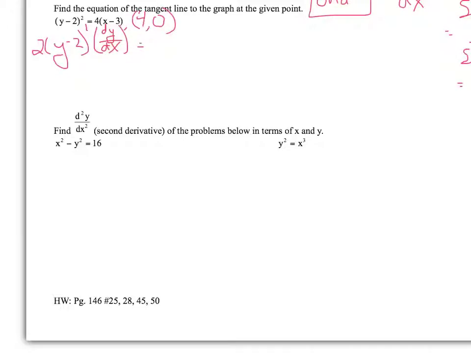On the right-hand side, you could use a chain rule, but 4 times x minus 3 is just a 4x minus 12. Just take the derivative of 4x minus 12 and you get a 4. But if you want the chain rule, you will get the same answer. Now to get dy dx by itself, let's divide by the 2 times y minus 2.